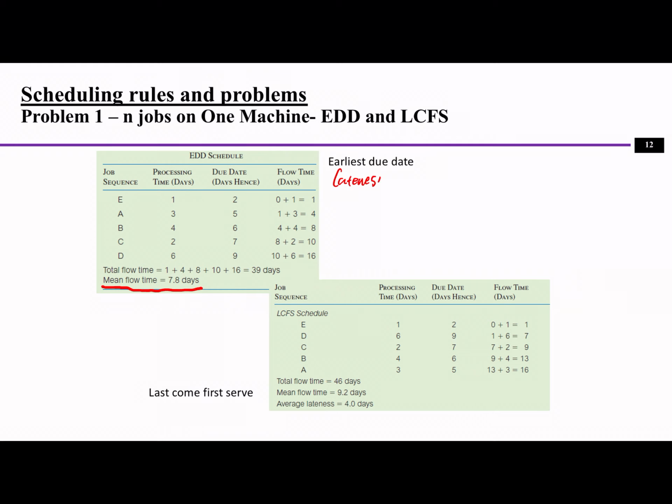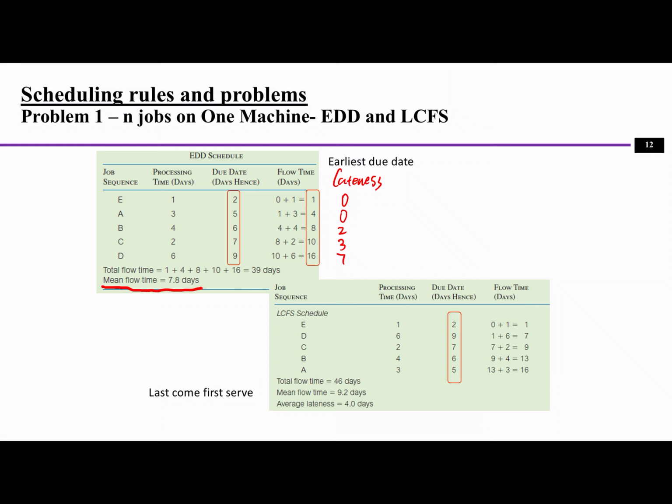So lateness for this case will be 0, 0, 2, 3, and 7, right? The next, let's look at the last come first serve rule. What's going to happen? Same thing.